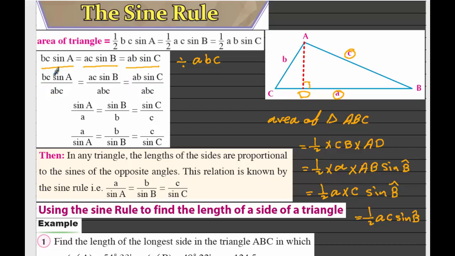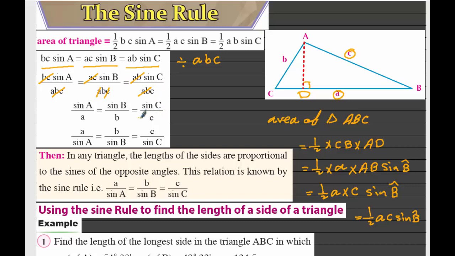And by simplifying, dividing up and down by BC, we get sine A over A. Here we can divide by AC up and down, so we get sine B over B. Dividing up and down by AB, here we get sine C over C.